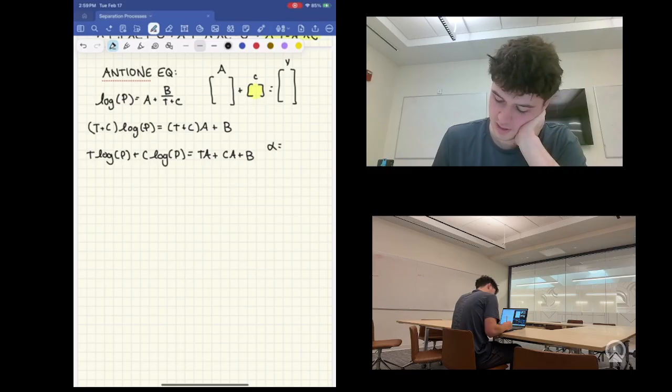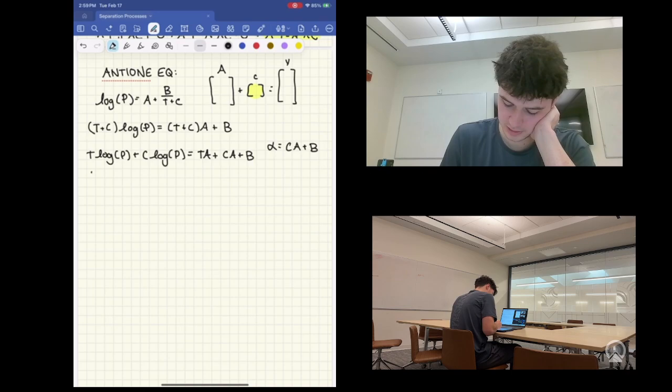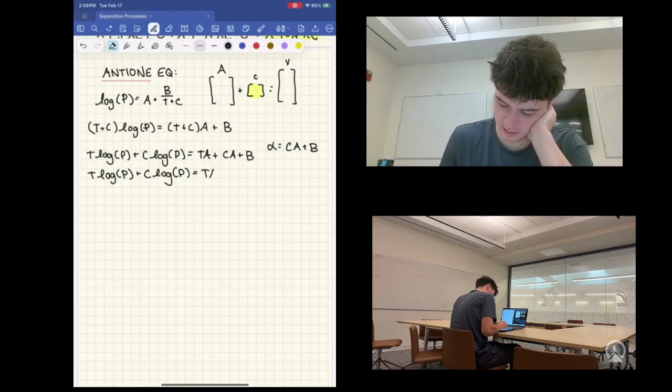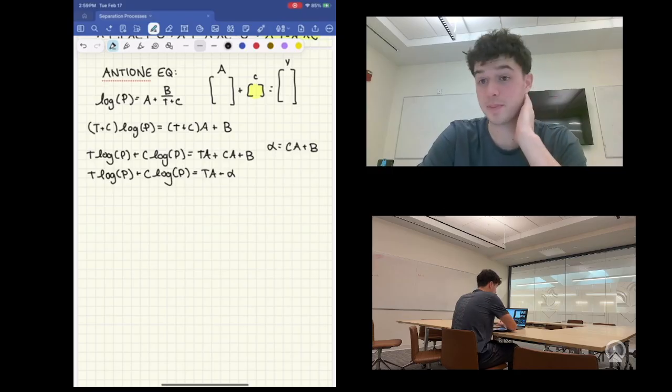I forget what that's called, honestly. That is going to be equal to CA plus B. So let's rewrite this. T log of P plus C log of P is equal to TA plus that variable, which I'm going to look up next time I pause.